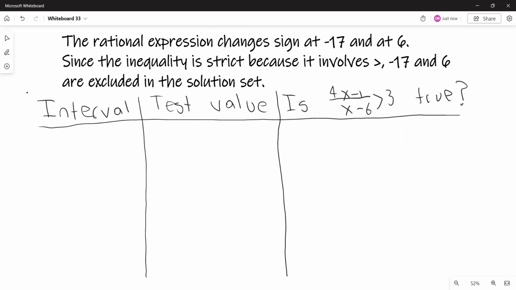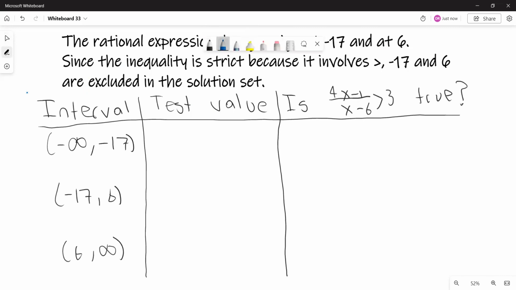The test intervals are negative infinity to -17, -17 to 6, and 6 to infinity. For negative infinity to -17, we have many options, but the simplest I can think of is -18.